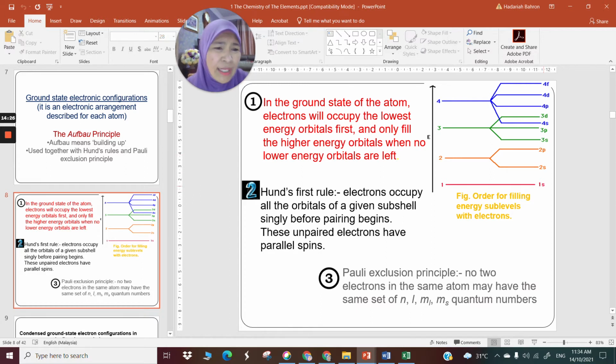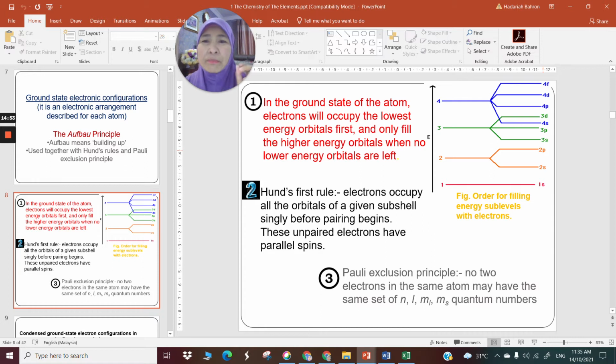So you have 1s orbital, and each s orbital will only take in 2 electrons. So 2s orbitals, and then 2p. So you have 1s, 2s, and 2p. So in the first quantum number, you only have s orbital. In the second, you have s and p. In the third, you have s and p and d.